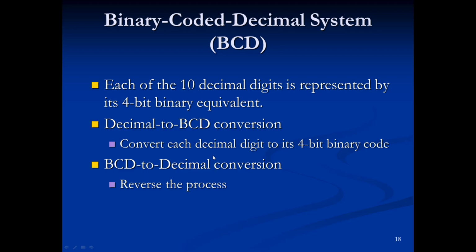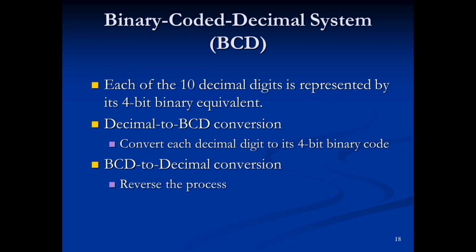All of the conversions will be exactly 4 bits for each individual digit, so you'll always end up with a number of bits that is a multiple of 4. And then BCD to decimal is just reversing the process. You group everything in groups of 4 and write out the decimal representation of those 4 bits.